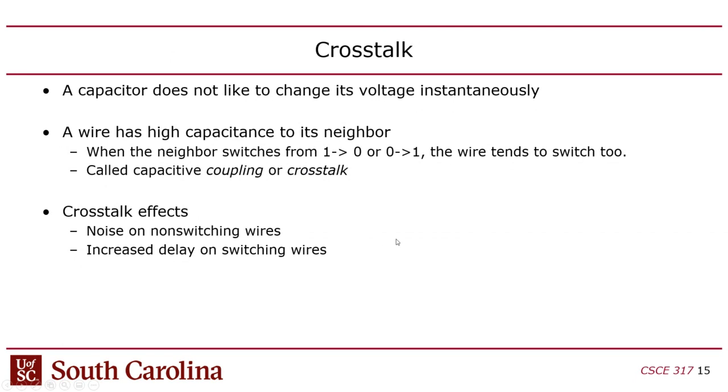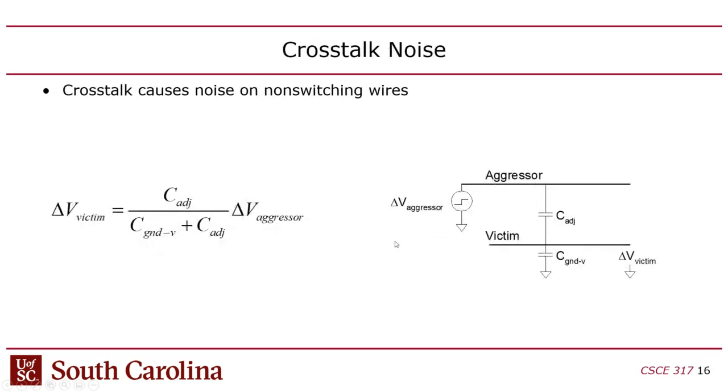So in other words, if you have a wire that's connected to a big gate, meaning it has a wide gate, a giant gate, then it's going to be harder to get noise on there, right?